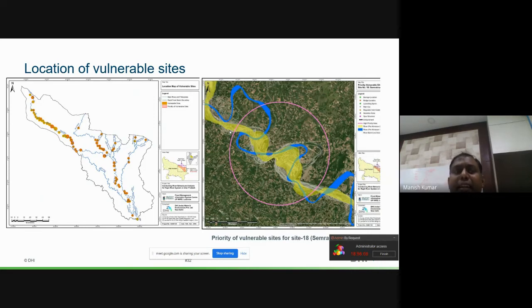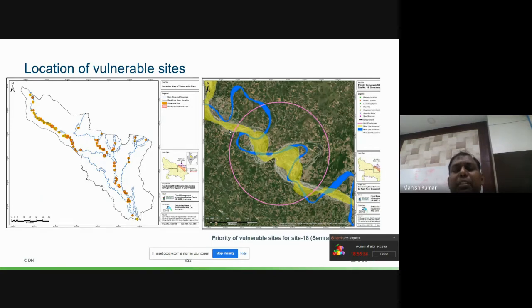morphology. We have identified a few vulnerable sites, and then we have automated this process where a change in bank level can be predicted, and accordingly it can be managed. This was one of the test projects where we tried.